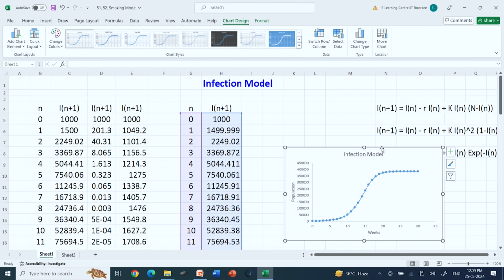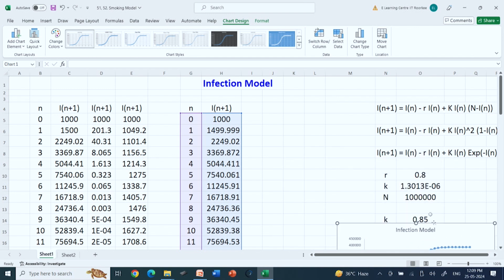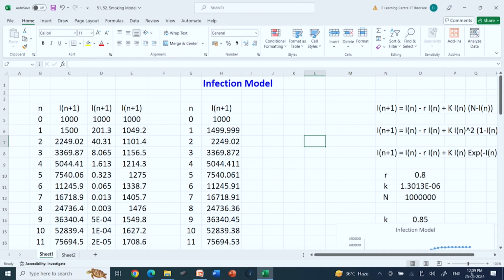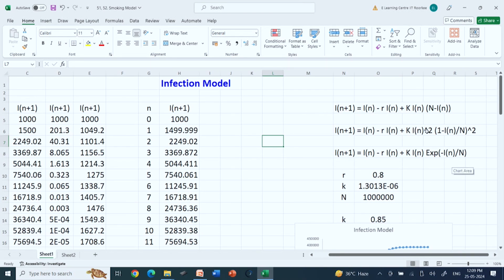Now, what will happen if I take a different law? So, here you can change the laws and you can play with the model. The first one says that the new population will vary directly with the product of I n and n minus I n.